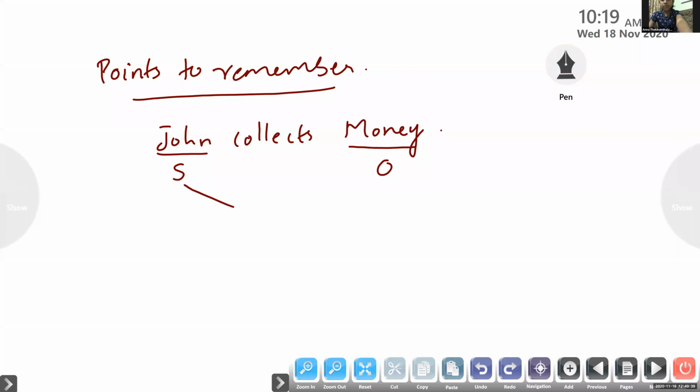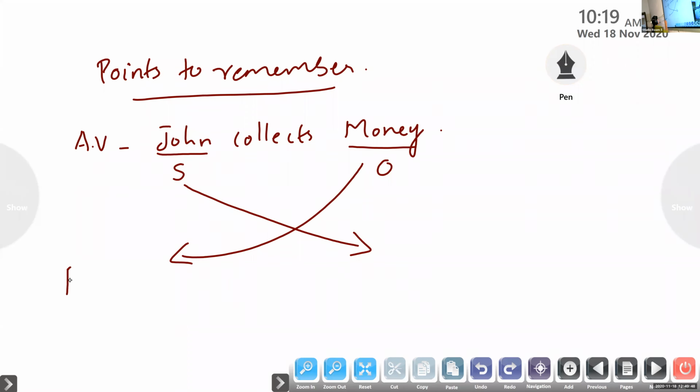And just draw a line like this and write here active voice, here passive voice, and just write money here, put a few dots and end your sentence with John and put a full stop. Just do only this much. Don't write anything.